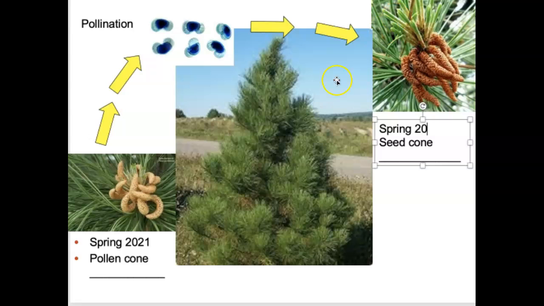So the pollen cone will develop early spring and start producing pollen. Usually, it might be in May. And again, there's variation here, so don't hold me to, well, it's May and I don't see it. But generally in that May, early June window, you're going to see the pollen cone. And the pollen cone is going to produce the pollen or the sperm.